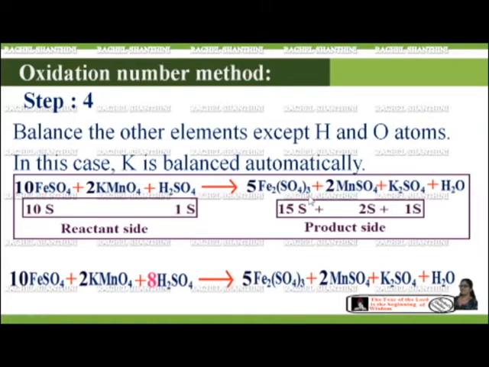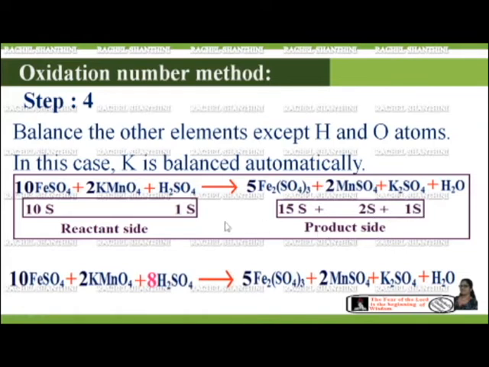So 5 into 3, totally we have 15 sulfur in ferric sulfate. Coming to manganese sulfate, this 2 is common to all the elements present in manganese sulfate. So we have 2 sulfur in manganese sulfate and we have 1 sulfur in potassium sulfate. So totally we have 18 sulfur in the product side.